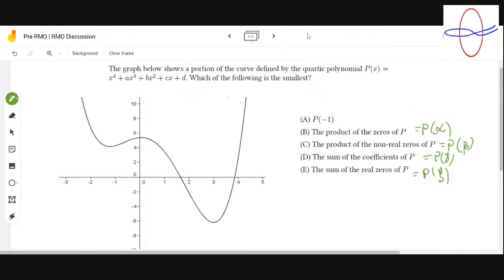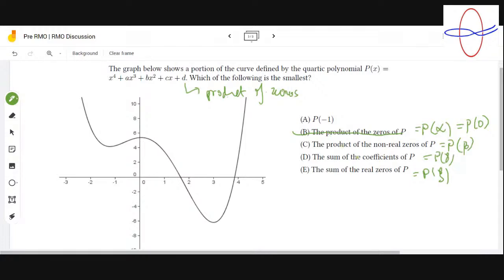Yeah, perfect. So the product of the roots is D, by Vieta's formula. Therefore D is equal to P of 0. You can understand that P of 0 is greater than P of -1. So this option is cut out. This cannot be the smallest.